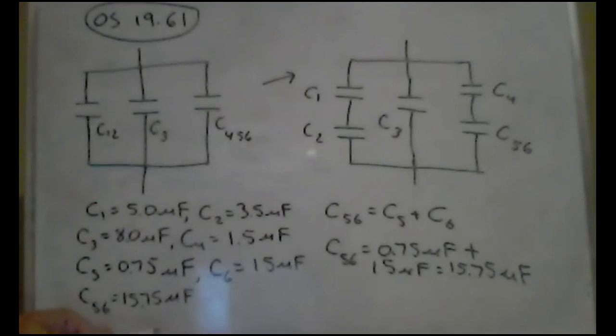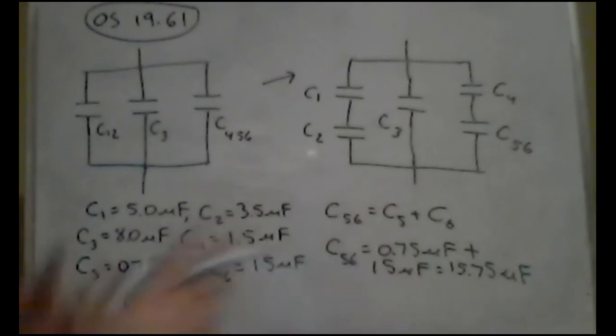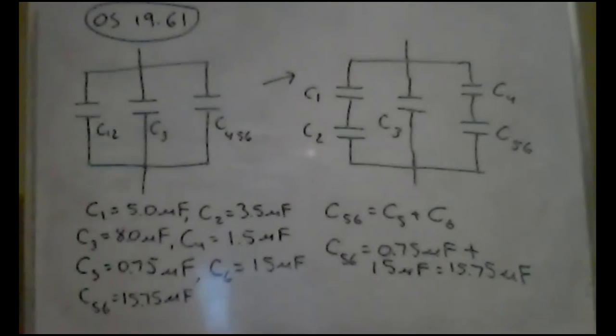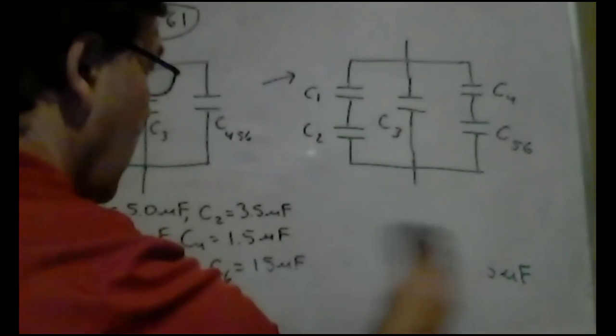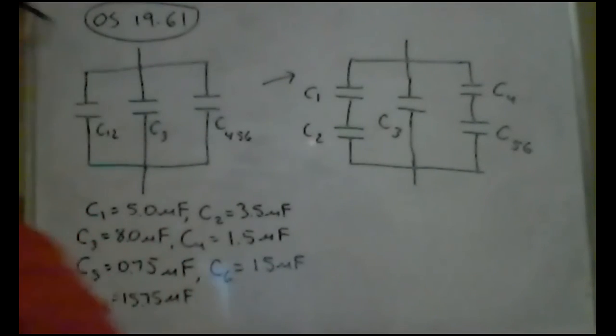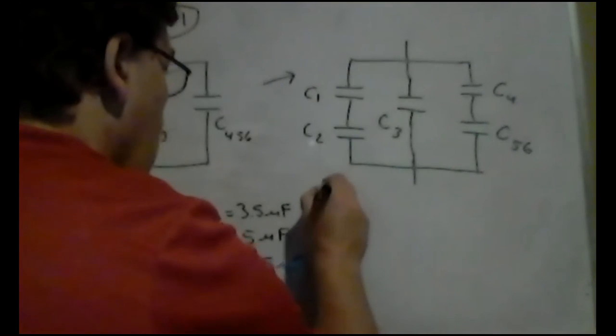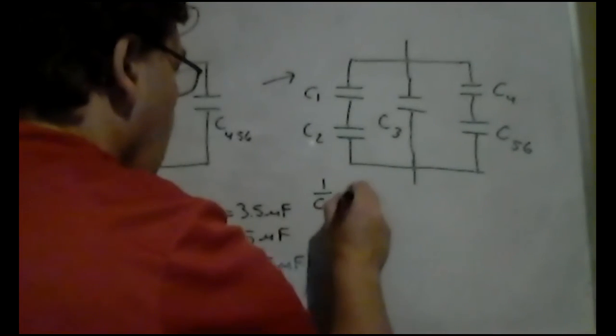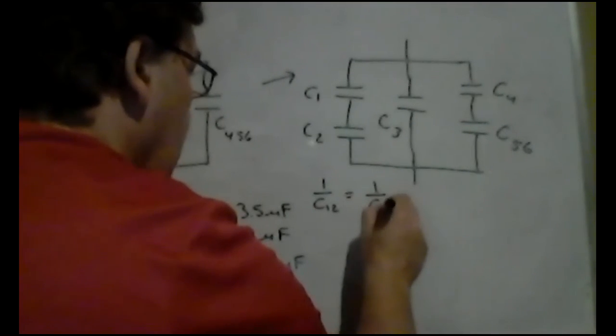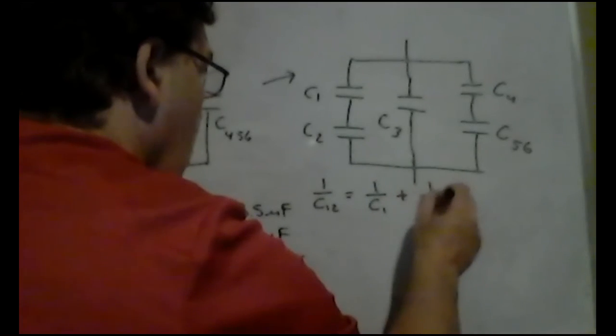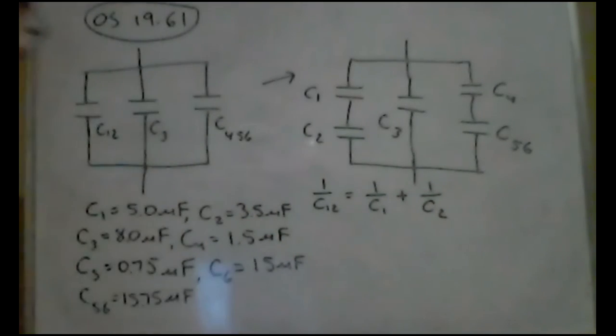Well, how do I get those? Again, I have to add them the weird way, remember? I have to add them that 1 over business. So I would get C12 by saying 1 over C12 is 1 over C1 plus 1 over C2.